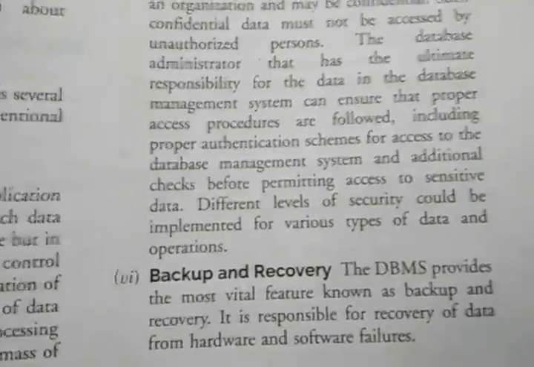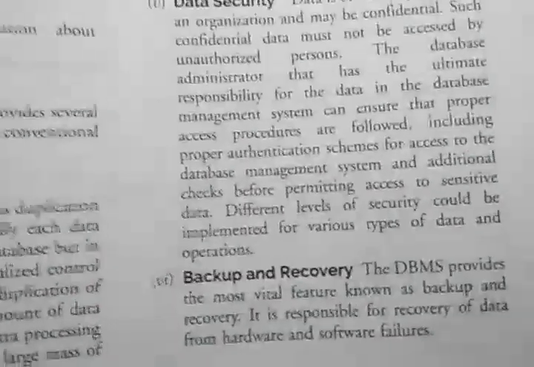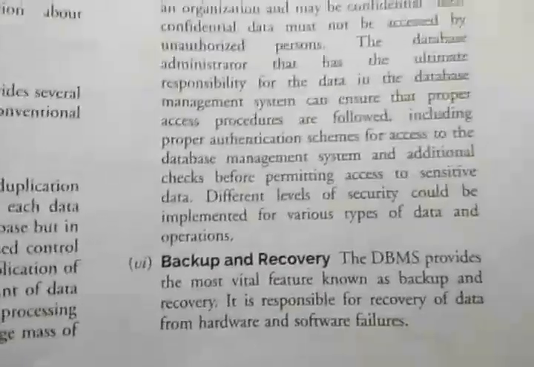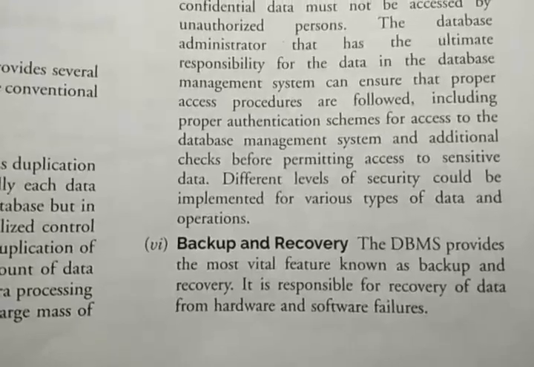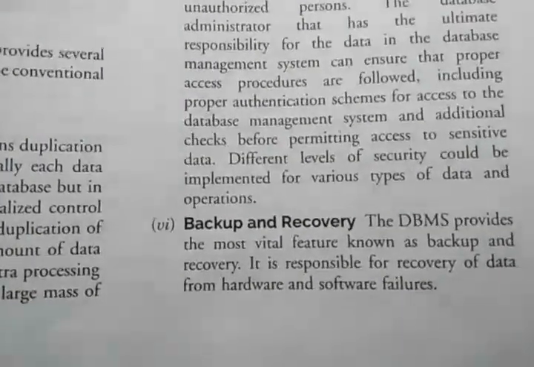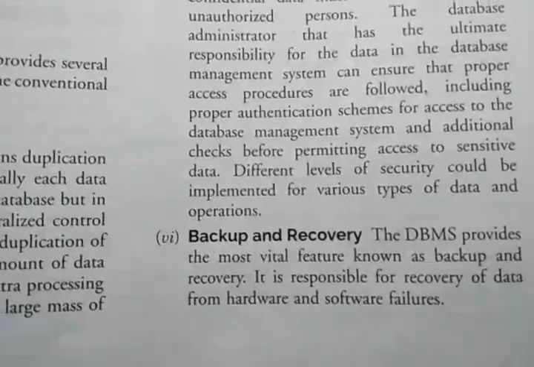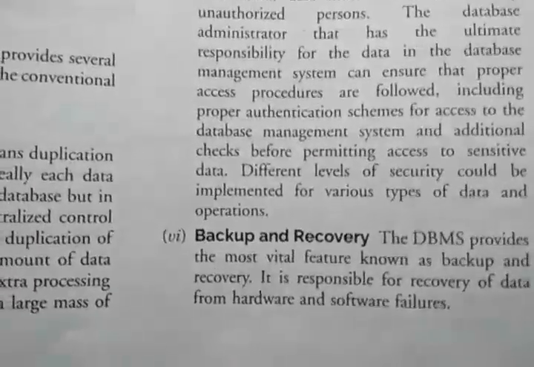Databases also provide backup and recovery facilities. If any user deletes or updates confidential data, the system stores this data in a different place, so we can recover this data from that place.